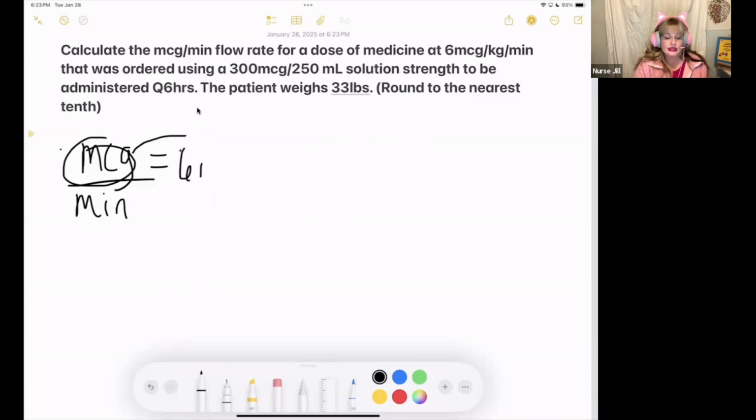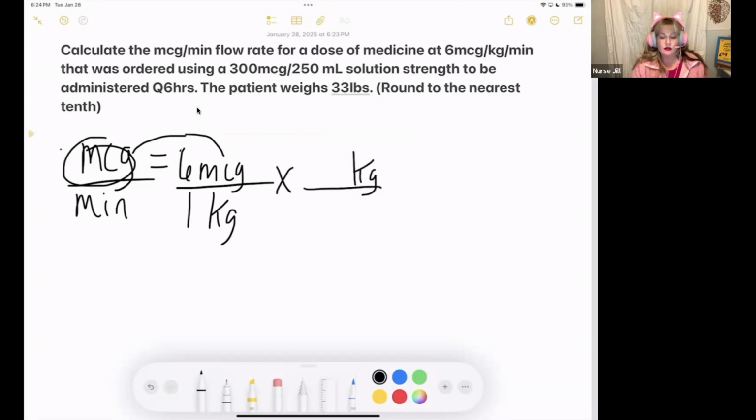So the other is 6 micrograms and it's per kilogram per minute. So take them in order and do them one at a time. So 6 micrograms is attached to kg next, and we know that we put a 1 if there's no number. And then we know that the next label we have to put is also going to have to be in kg.